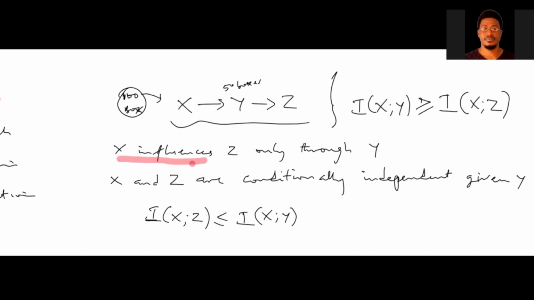Now, what we are literally saying in essence is that if this relationship forms a Markov chain, then it implies that X influences Z only through Y, right?